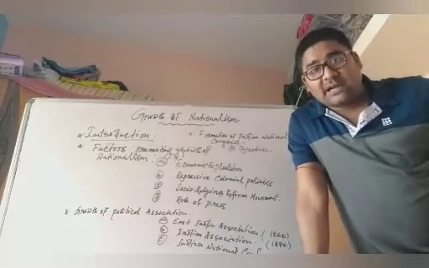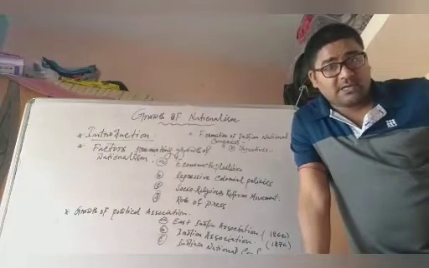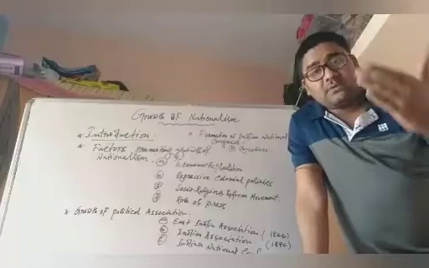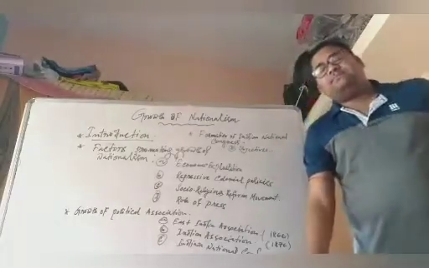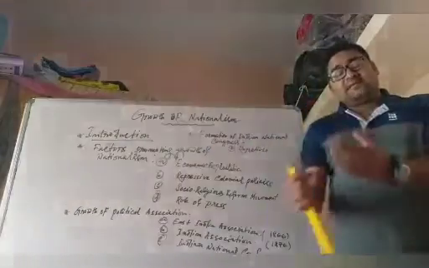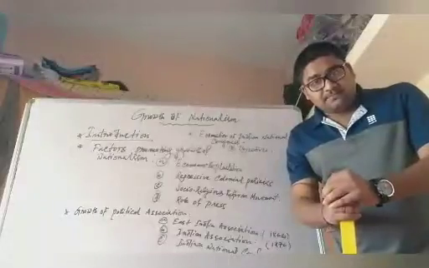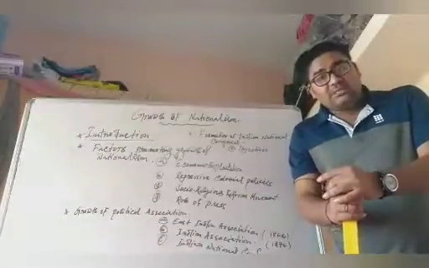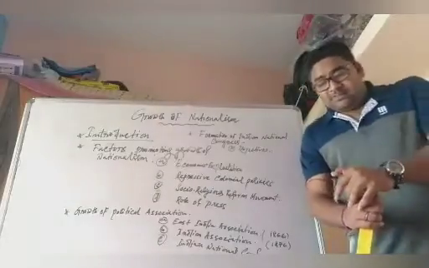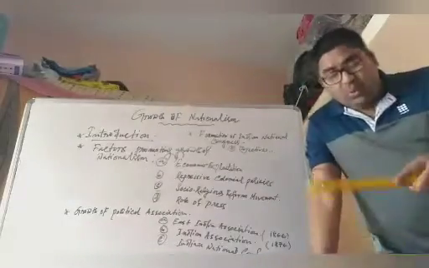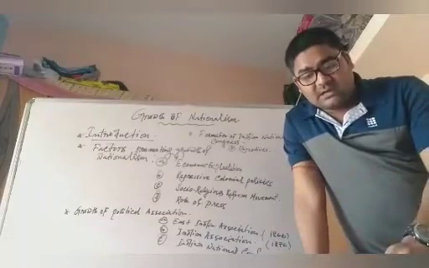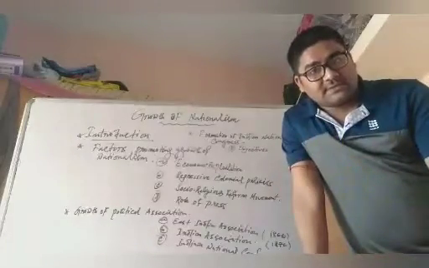So this is a kind of restriction imposed against the press. Next is the Indian Arms Act. What was the Arms Act? According to this act, keeping arms without permission was a criminal offense.